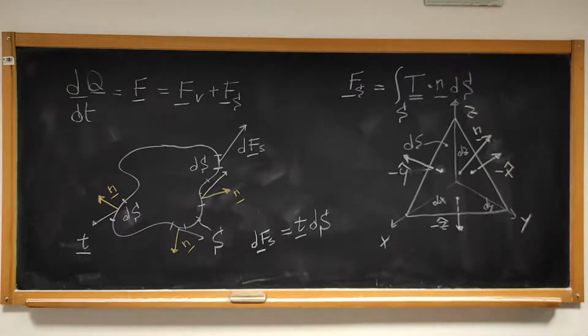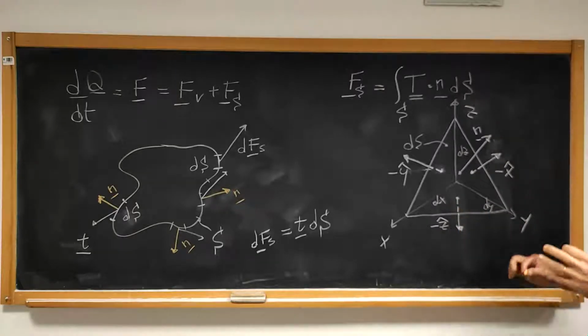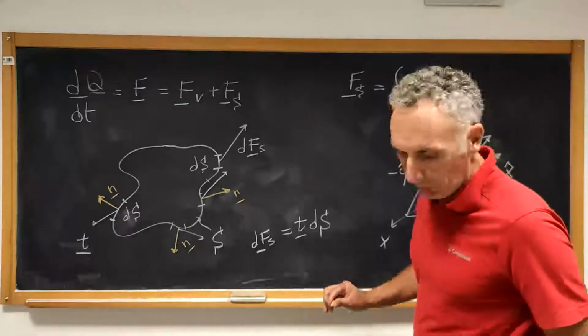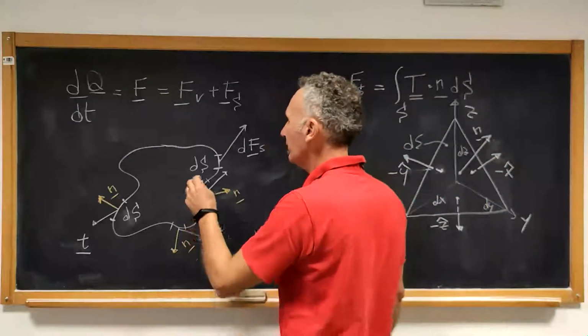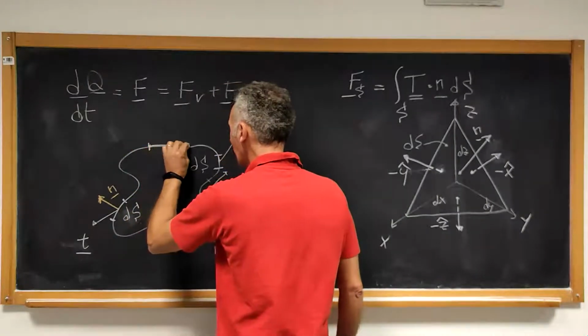Okay, so why do we need this complex arrangement of normals? Because something we should keep in mind is the following observation. Now, let's focus on this surface.